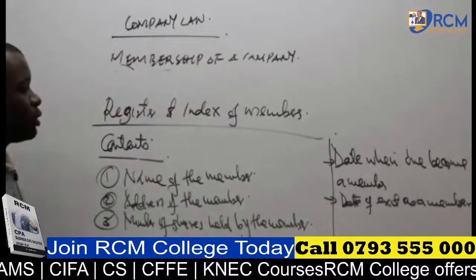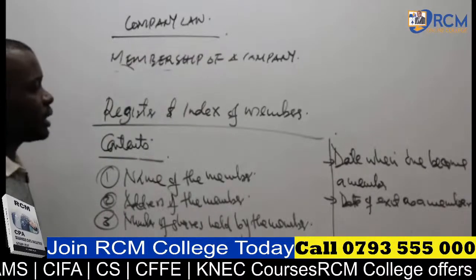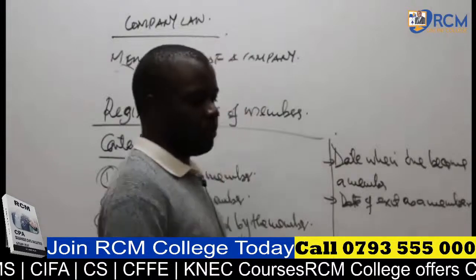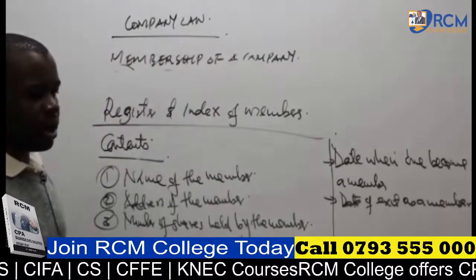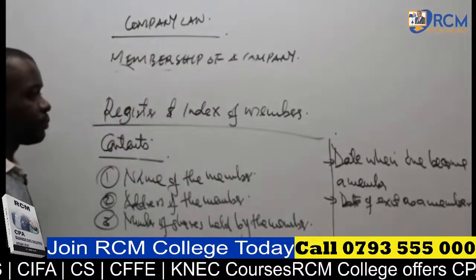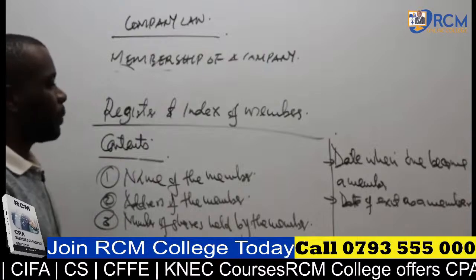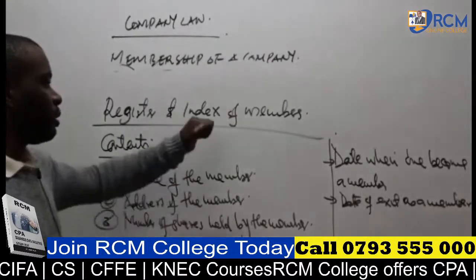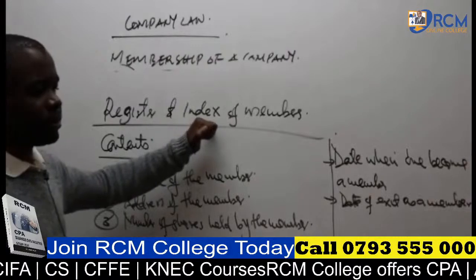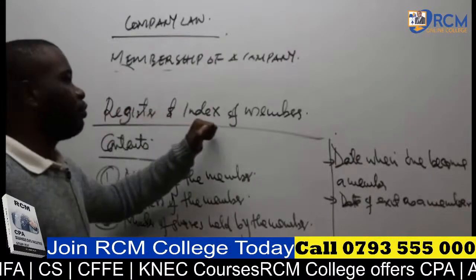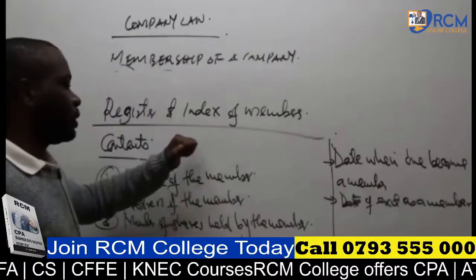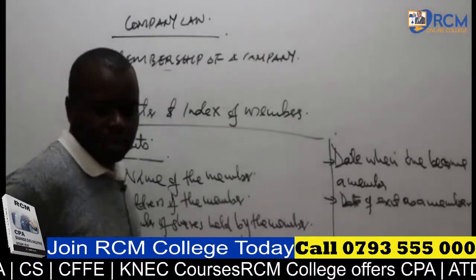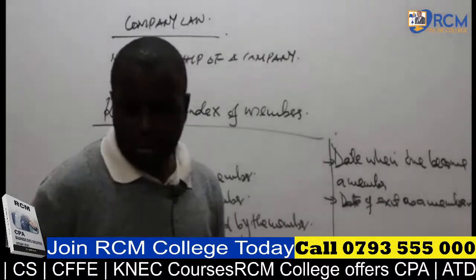So that is what you need to know about the register and index of members. If the company has more than 50 members, it will be required under the Companies Act to maintain an index of members, in card form, that contains all the details pertaining to the register of members.